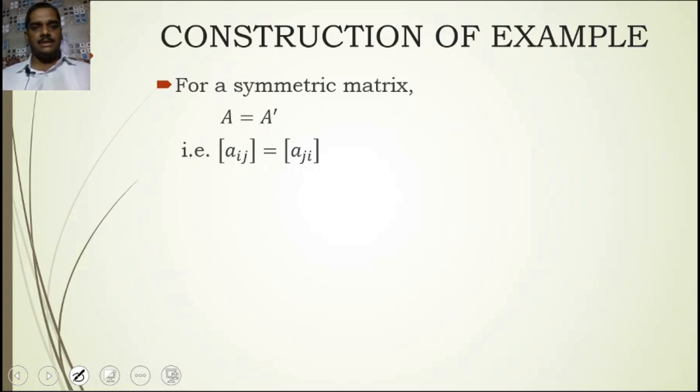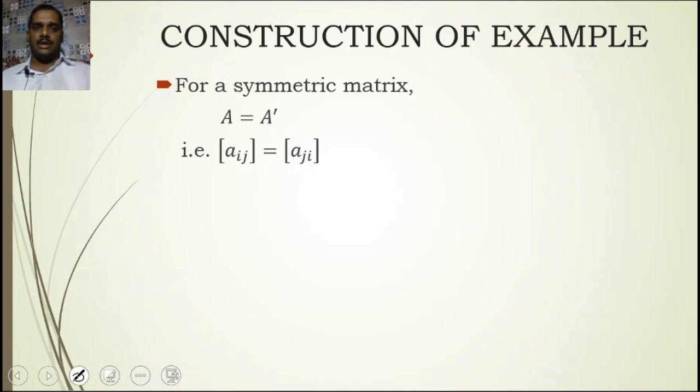The thing which you see here in line number 2 is nothing but equality of two matrices. And for equality of two matrices, there are two conditions to hold. Number one, the order has to be the same. A and A transpose will have the same order because A is a square matrix.